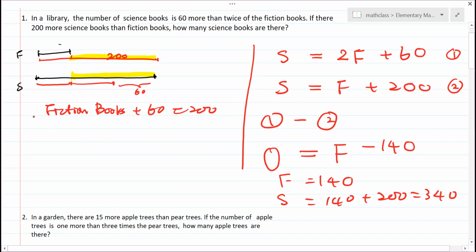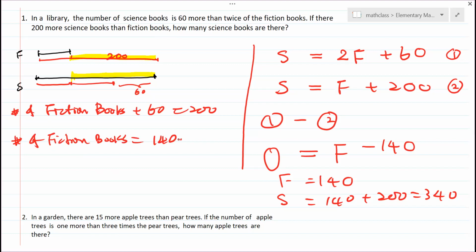So you can see the number of fiction books should be equal to the difference, 140. Then you can get the rest, the science books.